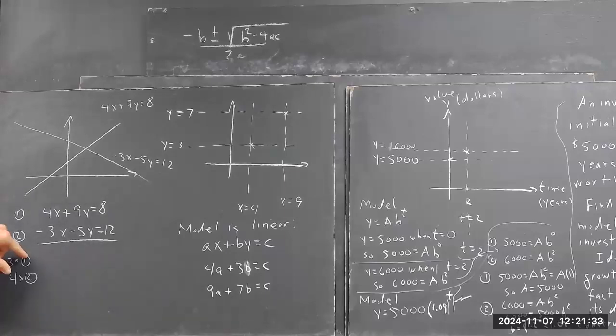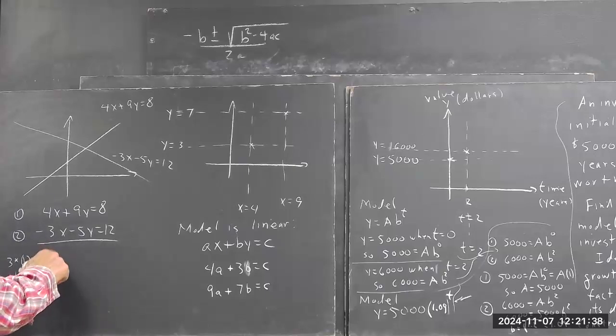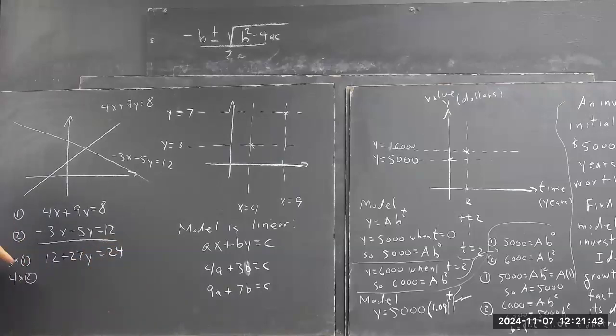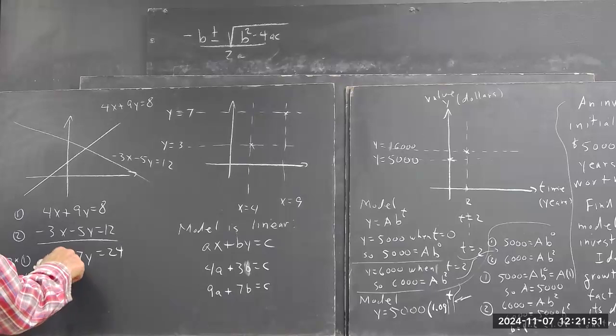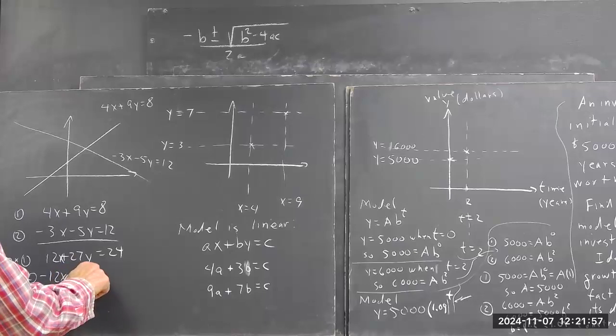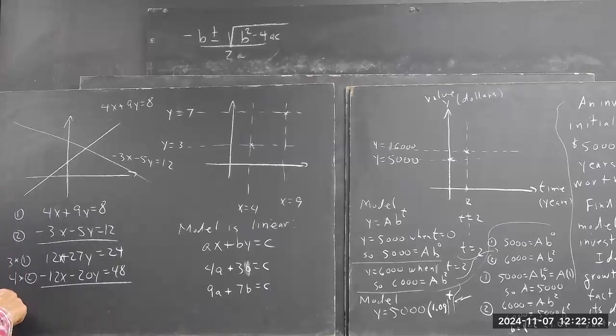3 times the first equation means 3 times 4x plus 9y equals 8. That's going to give us 12x plus 27y equals 24, because 3 times 4 is 12, 3 times 9 is 27, 3 times 8 is 24. 4 times the second equation gives us negative 12x minus 20y equals 48. Now, if you remember the notation I've used before, we're going to do equation 1 plus equation 2.